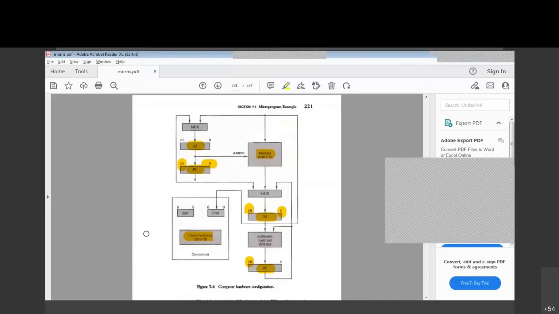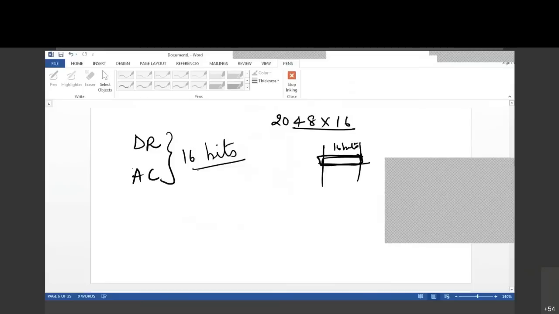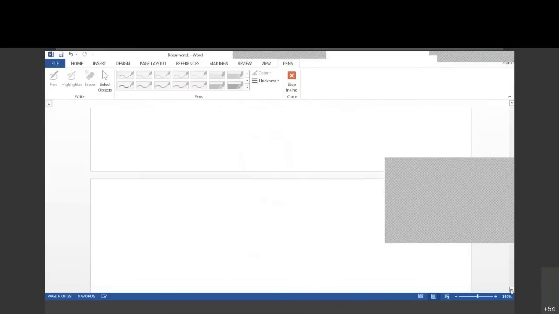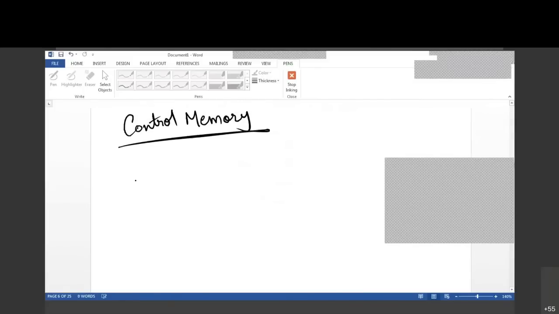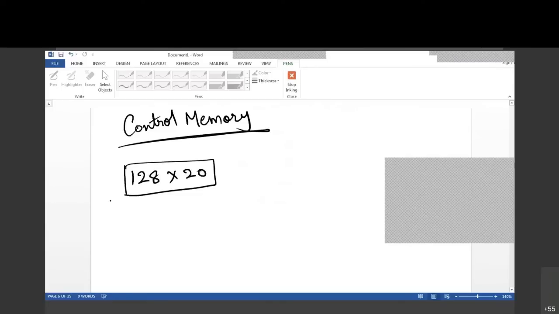Clear? Now let us talk about control memory. The size of control memory is 128 cross 20. Now, when we talk about the control memory, which were the registers associated with control memory for storing addresses?